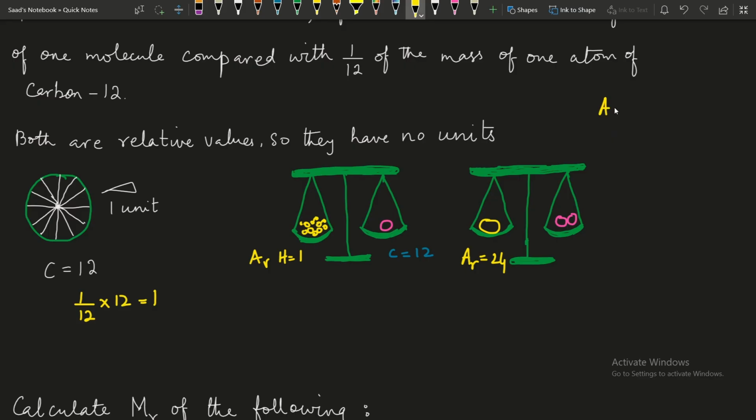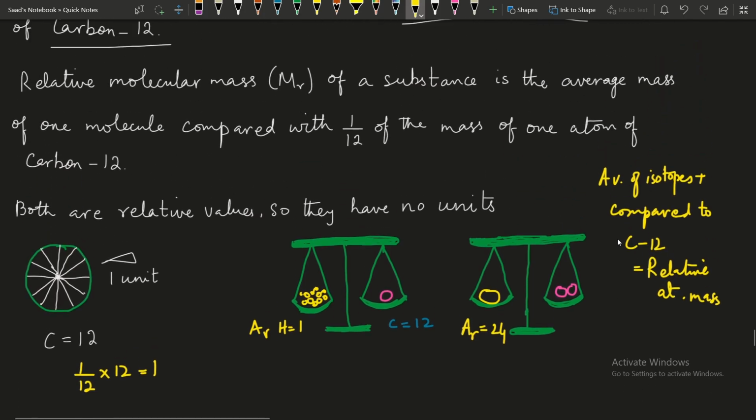So this average, the average mass of the isotopes, that we compared with carbon 12, gives us the relative atomic mass. All right.